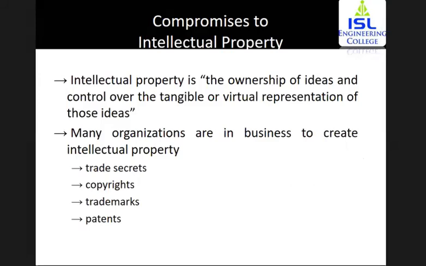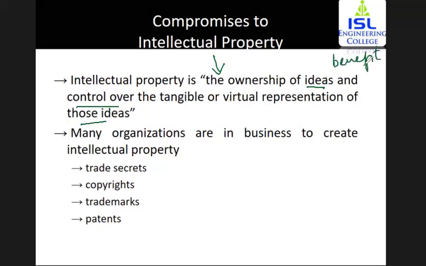The next is compromise to intellectual property. What is intellectual property? Intellectual property is the ownership of ideas and control over the tangible or virtual representation of those ideas. Within a company, a person might have a particular idea that might benefit the organization.